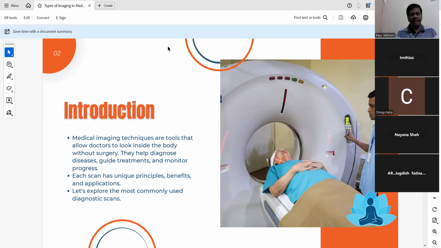And accordingly, we can make the treatment protocols. And also, it will be highly helpful in monitoring the progress and planning the prognosis accordingly.